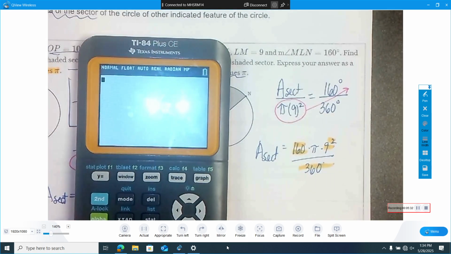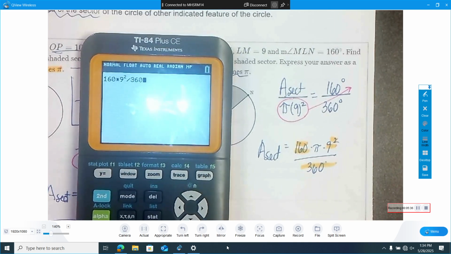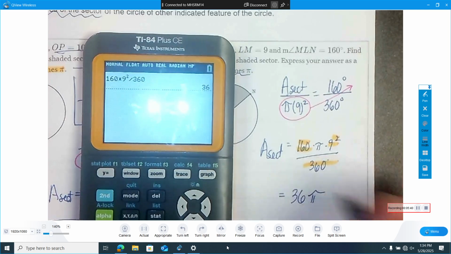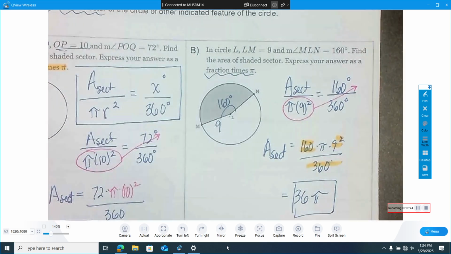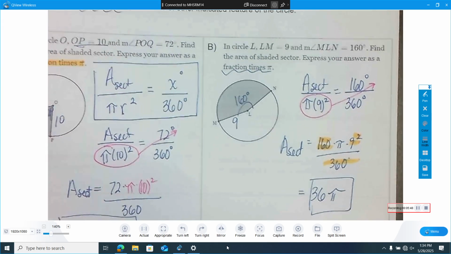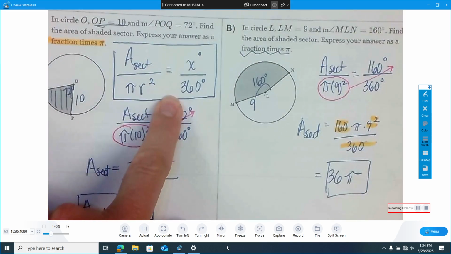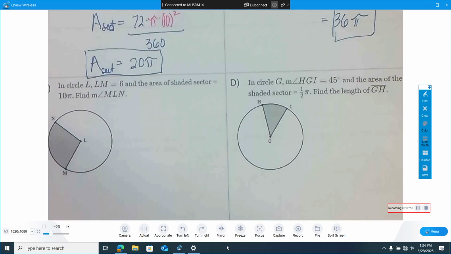So in my calculator, I'm going to do 160 times 9 squared divided by 360, and I get 36 pi. Okay, questions on either of those two? So again, this setup is really how we start all of these things. We've got two more that are slight variations on that.